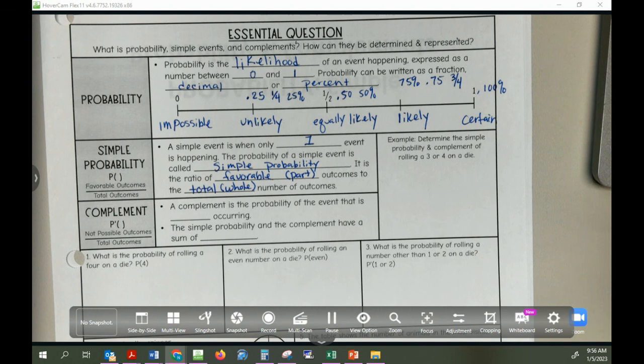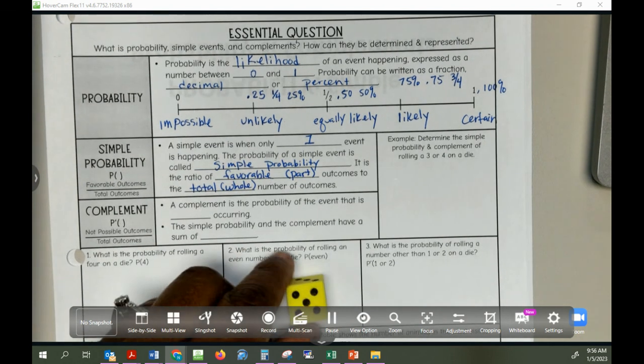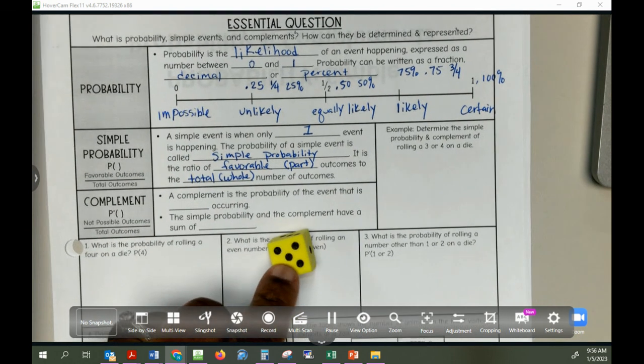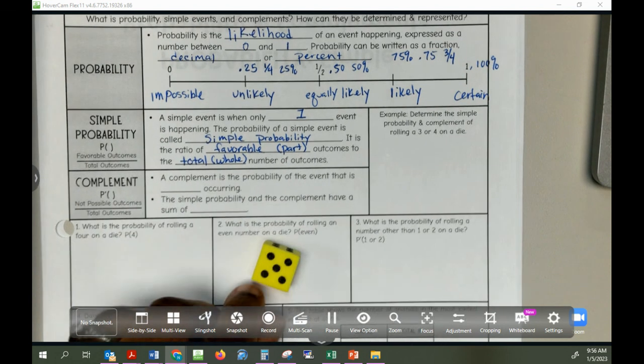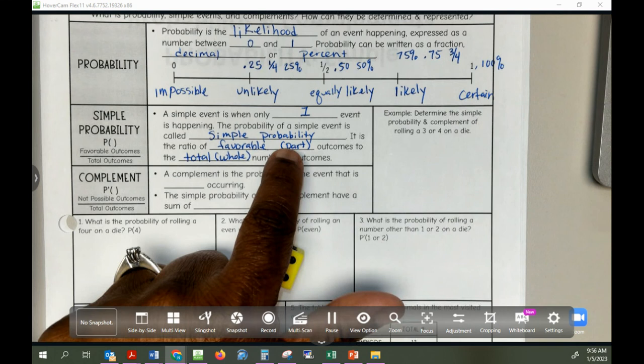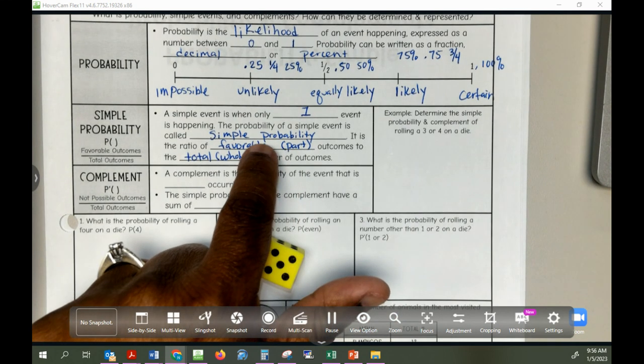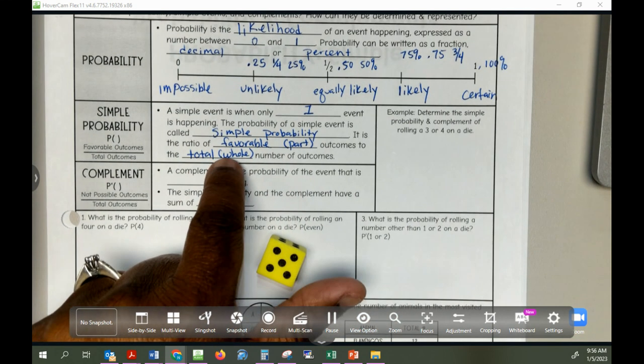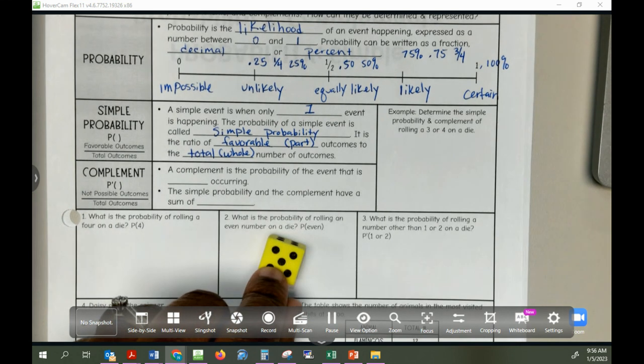That's why when we talked about the dice and we said, what was the chance of getting a 5 out of the 6 sides? You said it was 1 out of 6. Why? Because 1 is the part which is favorable, and the total or the whole was 6.